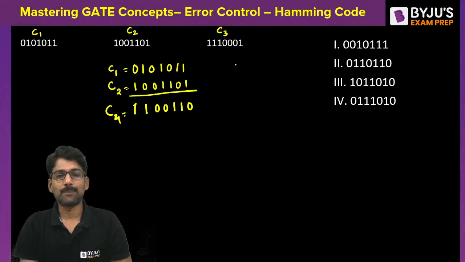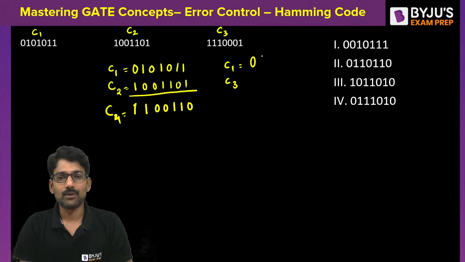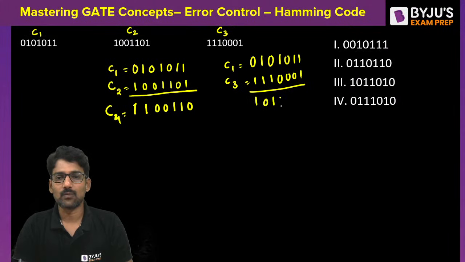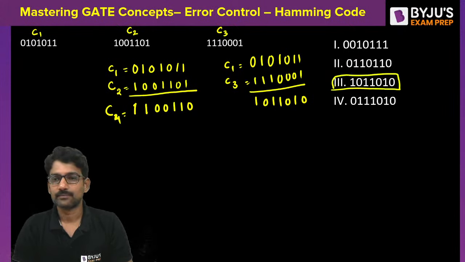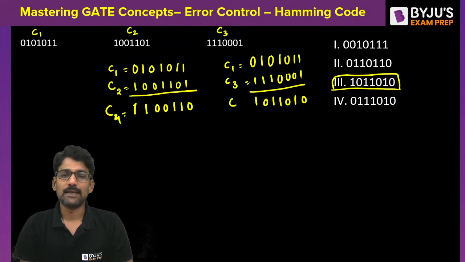Okay. Now apply XOR between C1 and C3. 0 1 0 1 0 1 1, 1 1 1 0 0 0 1. So it is 1 0 1 1 0 1 0. Do we have this? Yes. So let it be C5.